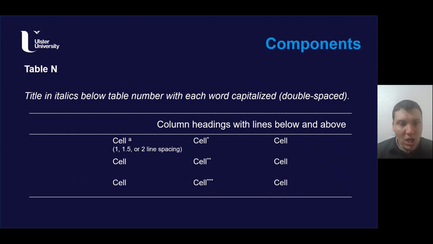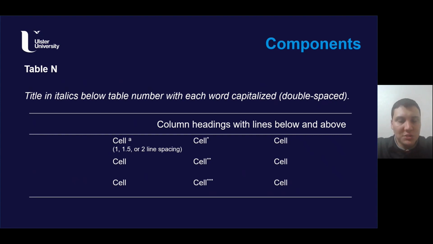Also, there are borders that you can never mark with a line. So the leftmost side of the table is never marked with a line, and the rightmost side of the table is never marked with a line. That means that tables should always be open at the sides.